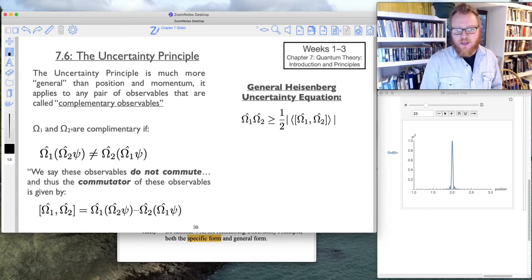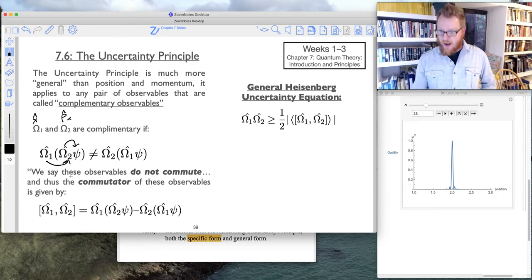For example, if we keep working in this position and momentum example, suppose my omega 1 is a position operator and my omega 2 is the momentum operator. These are complementary if omega 2 operates on psi first. Then after we carry out that operation, omega 1 operates on the result of omega 2 operating on psi.